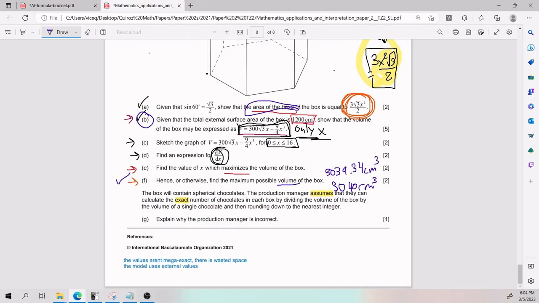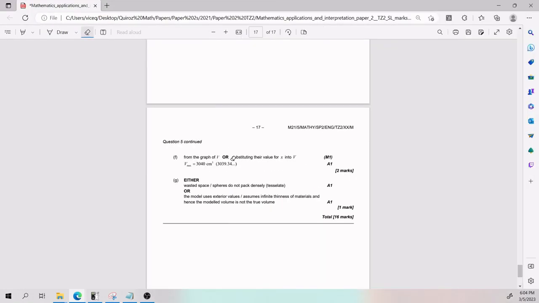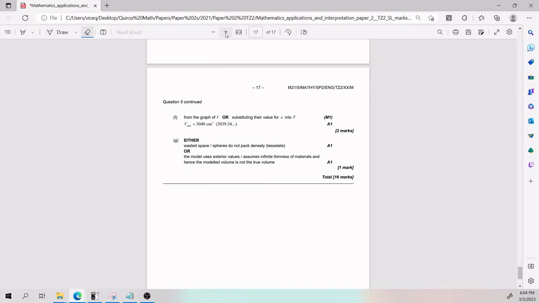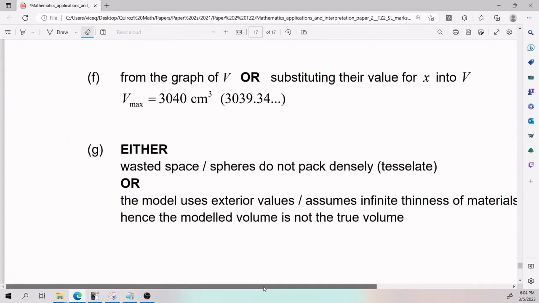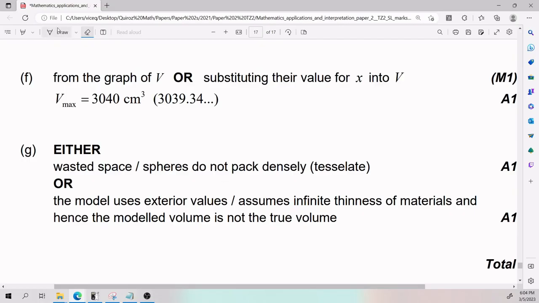You can look at the answer key, but I'll pull it up now so you can take a moment and read it. For part G, you can't just talk about it. So wasted space, or spheres do not pack densely, which is basically like they don't pack like water. There's always going to be a little bit of air gap between them. Or as I said, the model uses exterior values, etc.